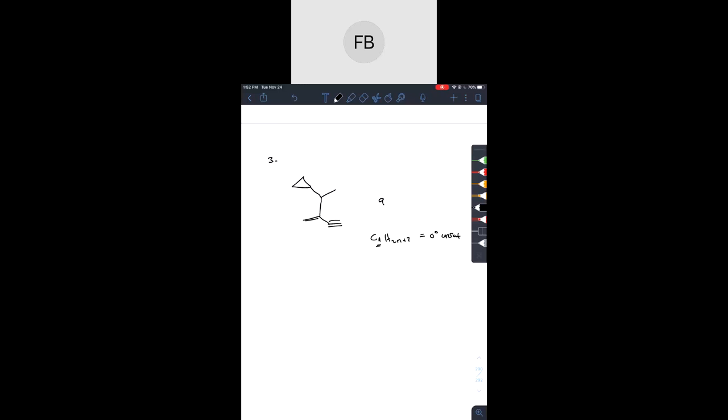For each degree of unsaturation, you just subtract 2. So if it's CnH2n without the plus 2, that is 1 degree of unsaturation. If you have CnH2n-2, that is 2 degrees of unsaturation. But all you have to remember is the first one: 0 degrees of unsaturation is CnH2n+2.